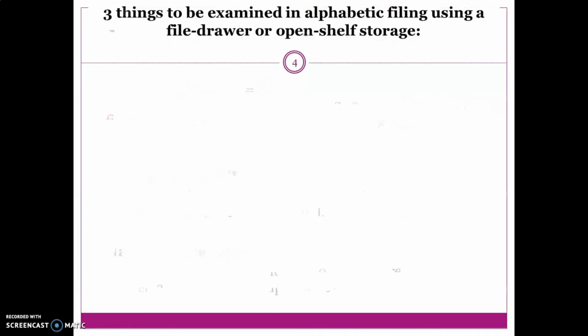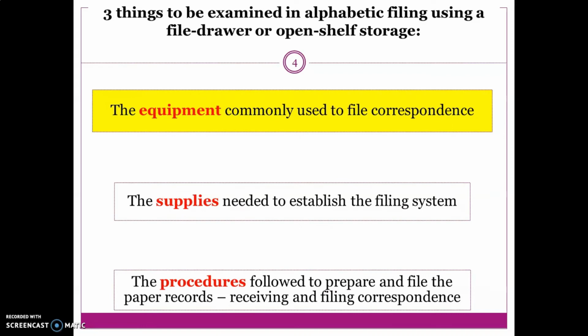There are three things to be examined when you want to use alphabetical filing in a file drawer or open shelf storage. Number one is the equipment commonly used to file the correspondence. Equipment here refers to the storage, the file container.